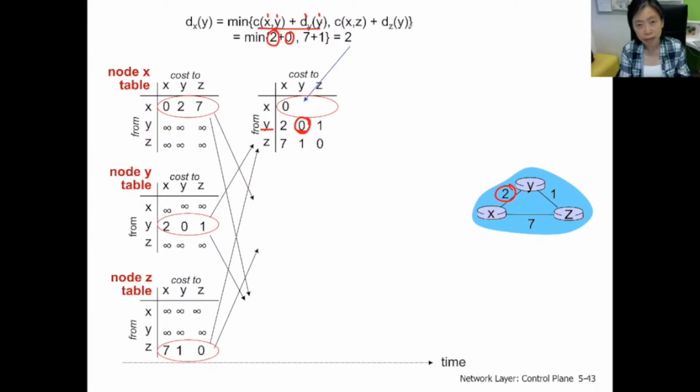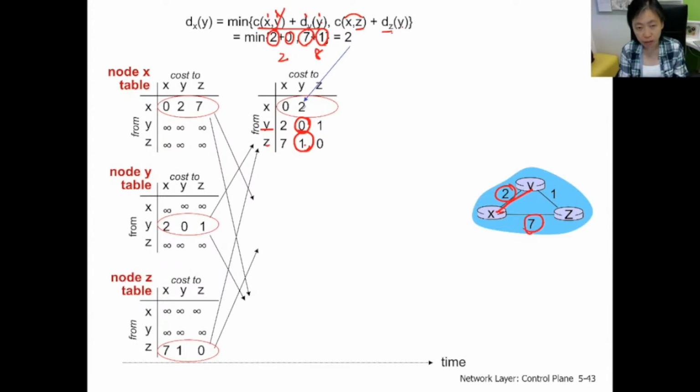Now, for the second neighbor Z, link cost of XZ, 7. So 7 right here. Shortest distance from neighbor Z to destination Y, we need to look up the table. From Z to Y, right here, it says 1. So 7 plus 1 is 8. And this is 2 only. Therefore, Y here wins. Y is the next hop router to Y.